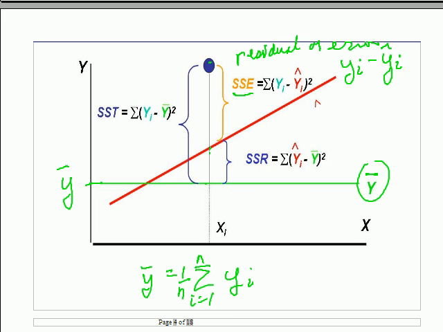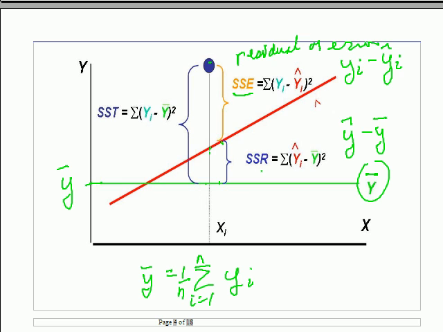If you take the vertical distance from the line down to the mean, that's the sum of the squares. Forget the R here for now. So I've got y hat minus y bar, you're squaring it, summing it up, and that's SSR.